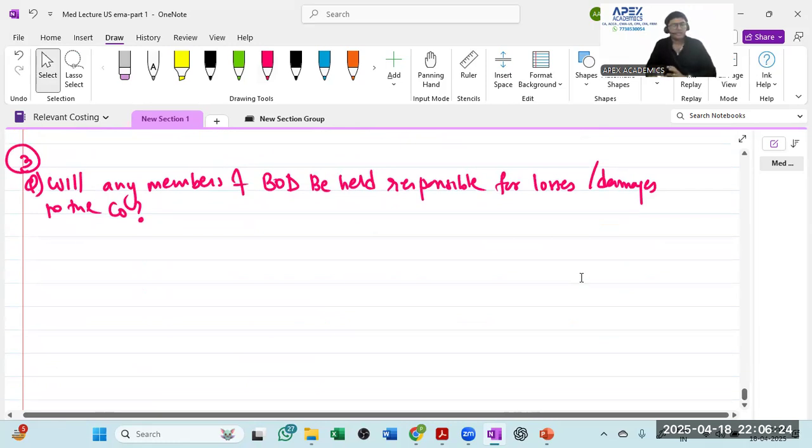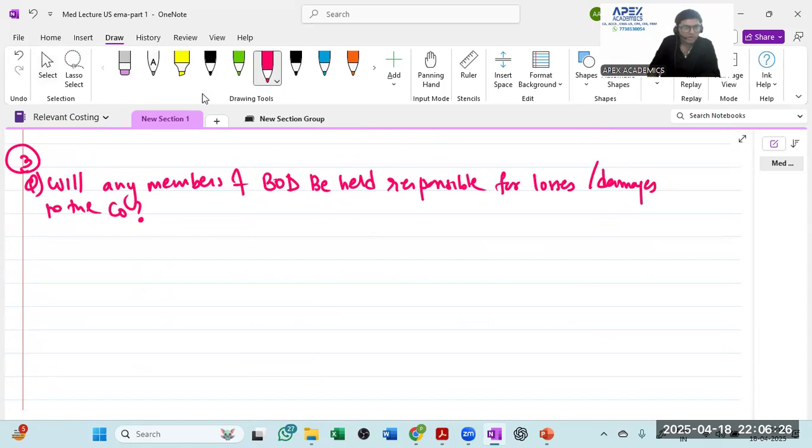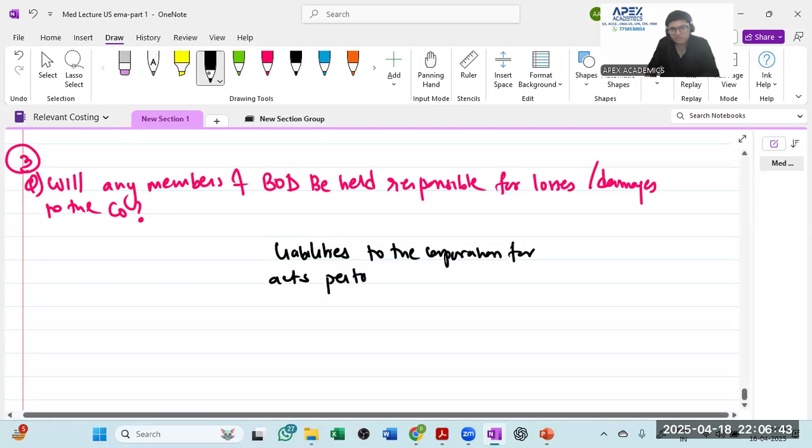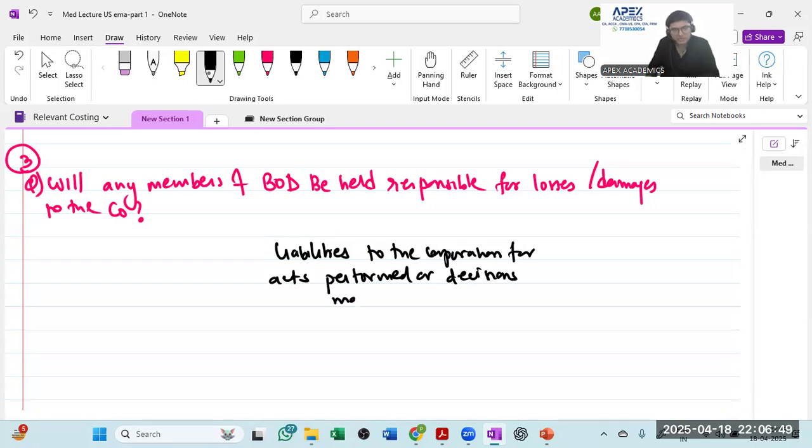Will they be held responsible? So now what we are looking at is liabilities to the corporation for acts performed or decisions made.